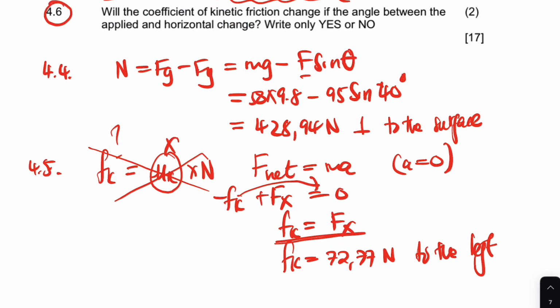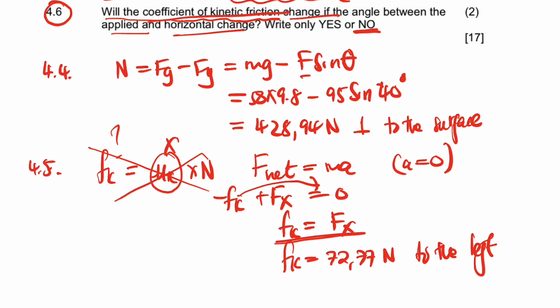Now 4.6, it says, will the coefficient of kinetic friction, which is the mu k, change if the angle between the applied force and the horizontal changes? Write down only yes or no. So the answer there is no. The mu k is not going to change.